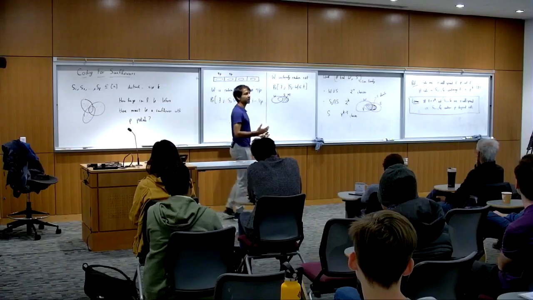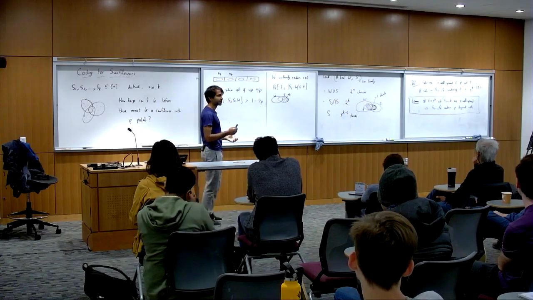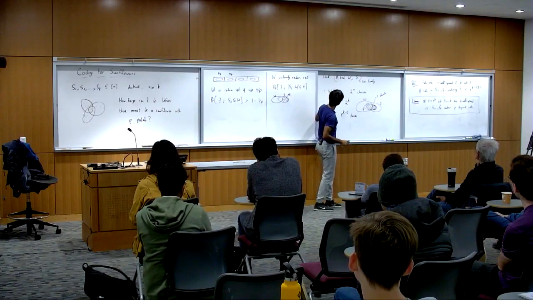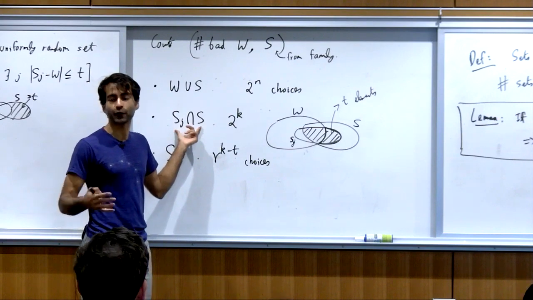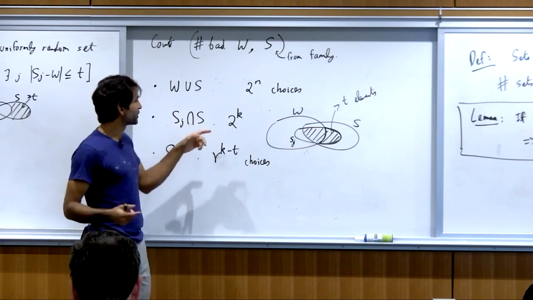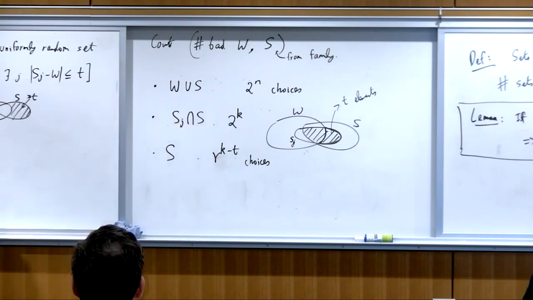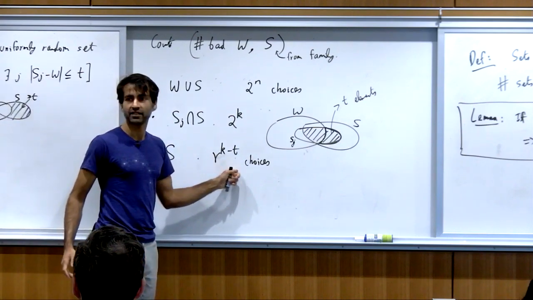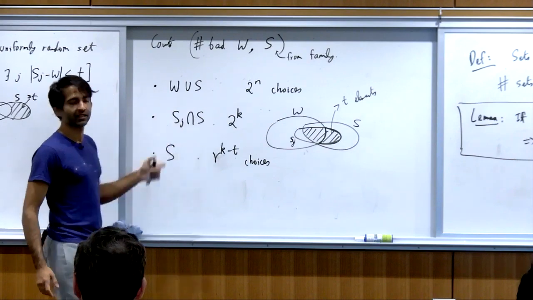So overall, I'm getting an upper bound on the total number of pairs of the type W, comma S. Once I know Sj intersect S, I've determined a subset of S, and this restricts the number of options for S. Just knowing this value, it doesn't determine S. But now there can be only r to the k minus t such choices for S, because every feasible choice for S must contain this set. And it's a large set.